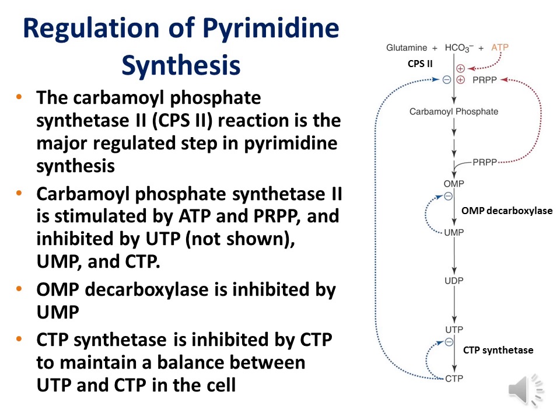In addition, OMP decarboxylase is inhibited by UMP. CTP synthetase is inhibited by CTP to maintain a balance between UTP and CTP in the cell.